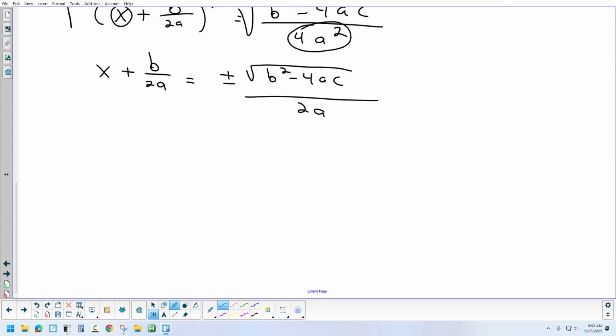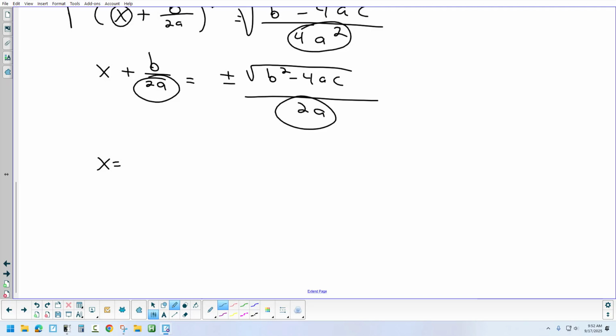Now, the only thing that's left is to subtract this b to the other side, and the b will become a negative. So we end up with x equals, move the b to the other side, and the nice part is I already have common denominators, so when I move it, I can put it all in one big fraction.